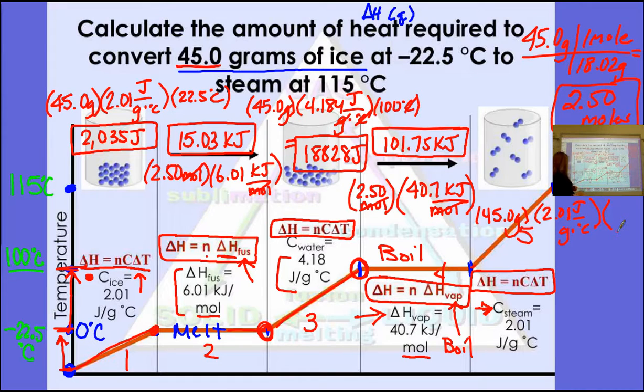And now for part 5, I'm changing the temperature from 100 to 115. 115 minus 100. My temperature change is 15 degrees Celsius. Section 5 should be 1,357 joules.